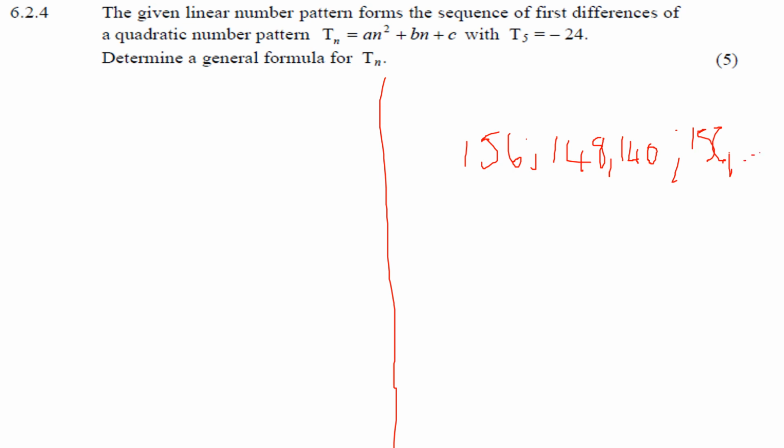And then we have already identified the constant difference of this arithmetic sequence. The first difference of a quadratic sequence actually represents an arithmetic sequence. It's going to be -8, then -8, which will be the second difference of a quadratic sequence.